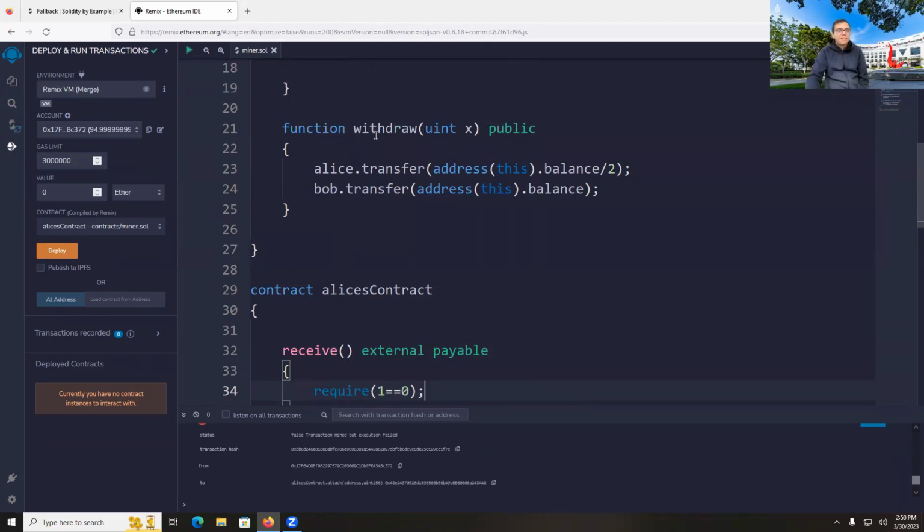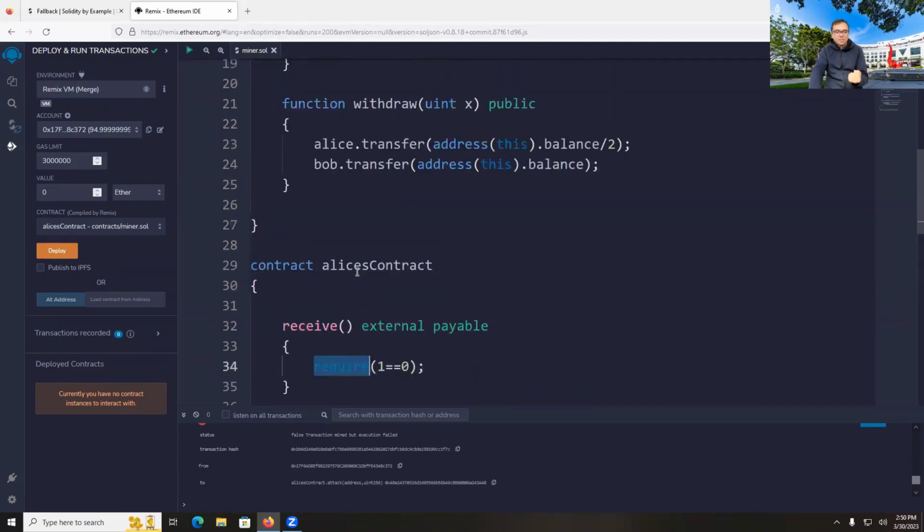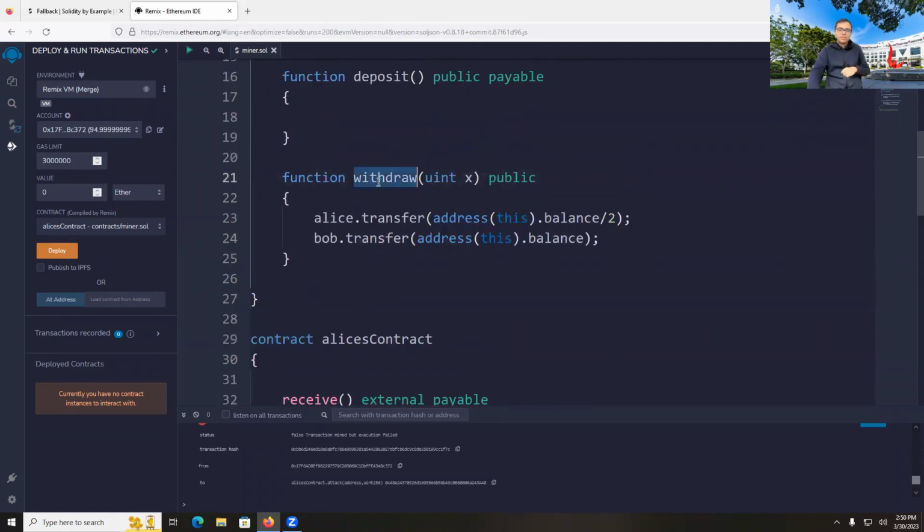If anyone calls this function withdraw, it first tries to transfer money to Alice, as this contract. But my contract just refuses to get the money. Whenever money is sent to my contract, the receive function is called, and it just throws an exception. And that exception is popped all the way up. So this withdraw throws an exception. So the entire transaction is reverted. So no one can get money out of this.